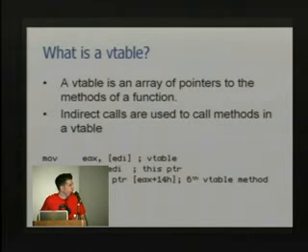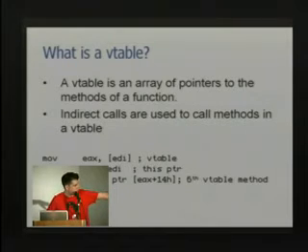And a vtable is used to make indirect calls. So if we look down here, the first assembly takes the vtable and puts it into EAX. So that's going to be the base of this array. Then it's going to add 14 to the base, and that's a pointer to some method. So that's going to be the sixth method within the vtable for this object. So this is how the vtable gets used.